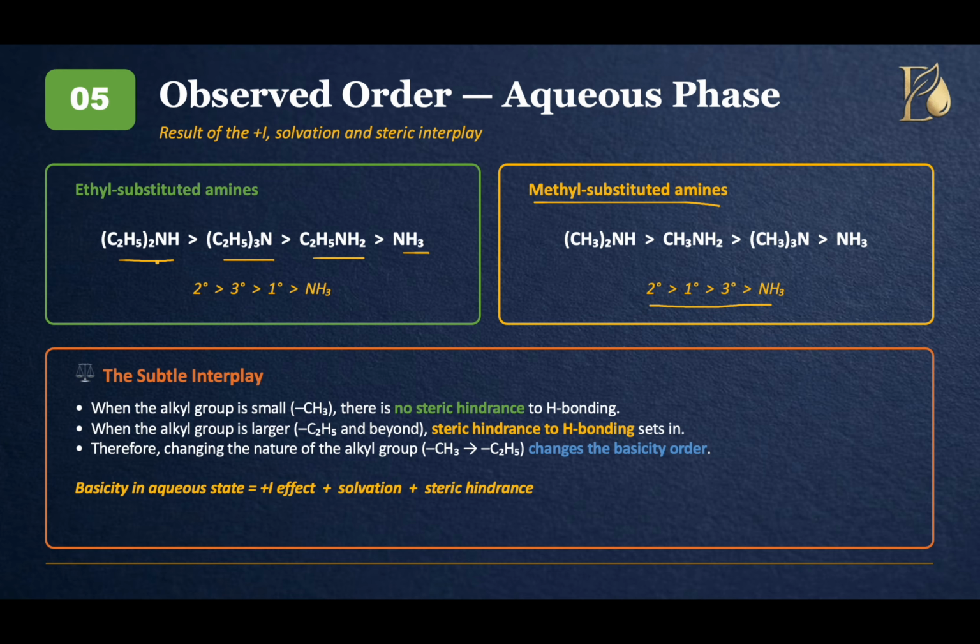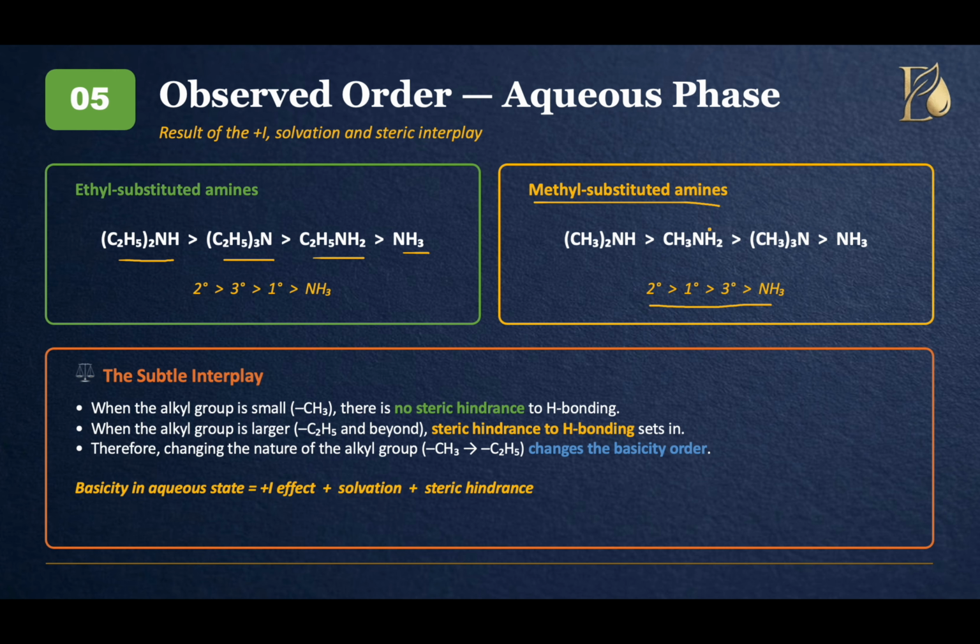Now let us look at the methyl-substituted amines. Here secondary amines are the strongest bases, but primary amines become more basic than tertiary amines because methyl groups are smaller than ethyl groups. Smaller alkyl groups create less steric hindrance, allowing better hydrogen bonding and solvation.